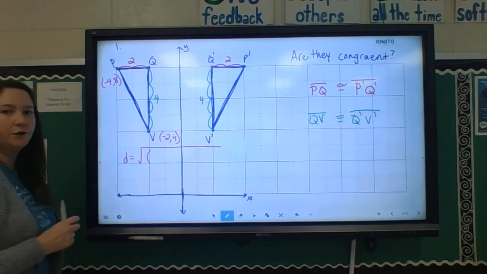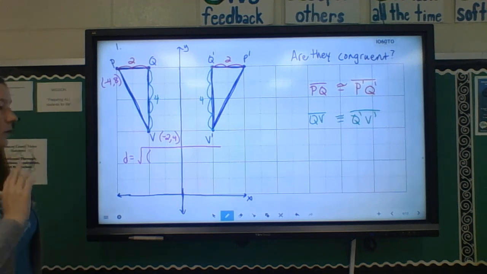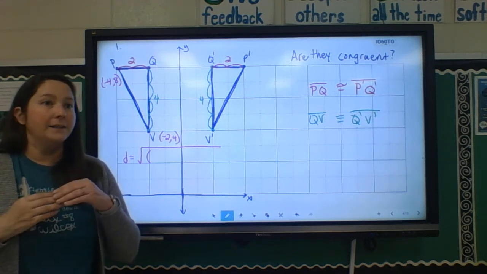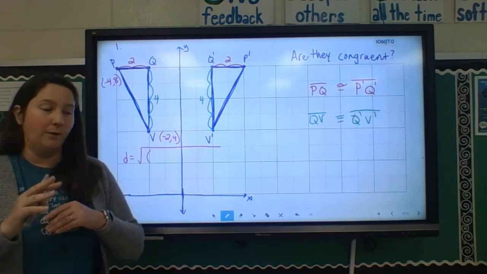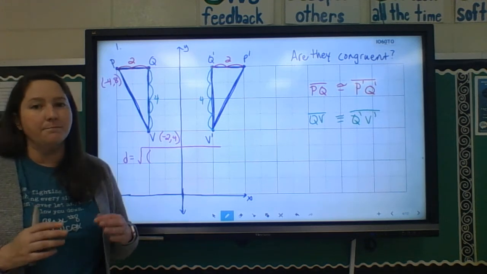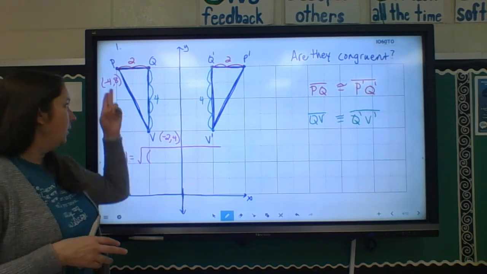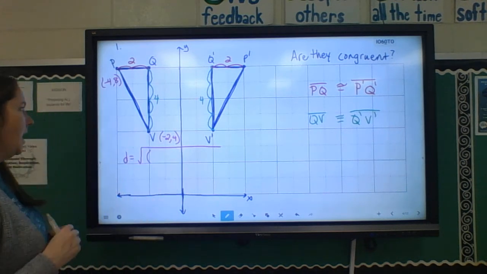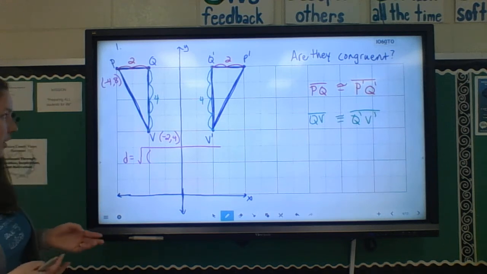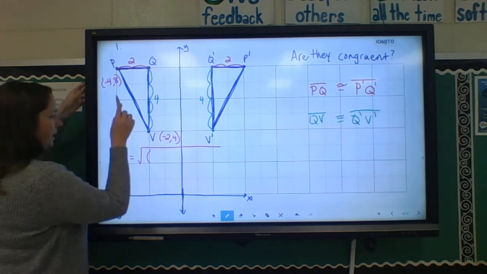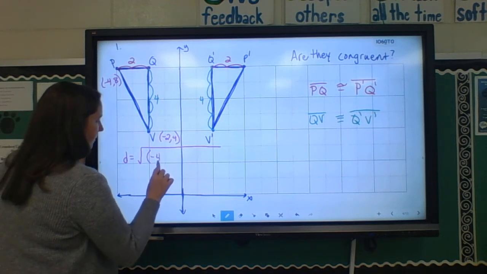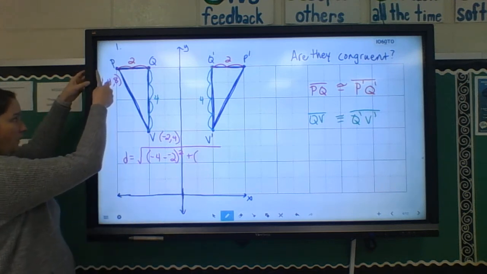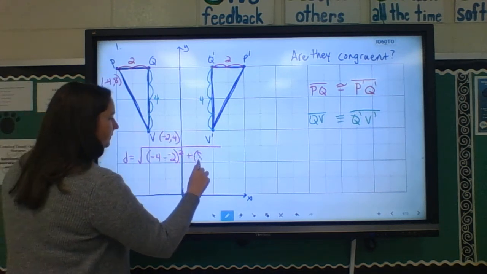So I've got to subtract my x's. In my distance formula video earlier, I said to label the ordered pairs x1, y1, x2, y2, but it doesn't matter which one you label here, so it really doesn't matter which one you subtract. If I do -4 minus -2, I've got to start with 8 minus 4.